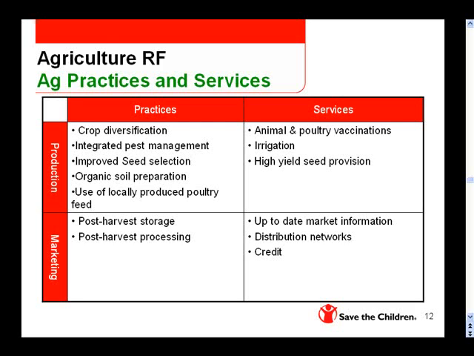While when we're talking about services for the marketing element of this agricultural program, we might refer to up-to-date market information, distribution networks, credit, etc.